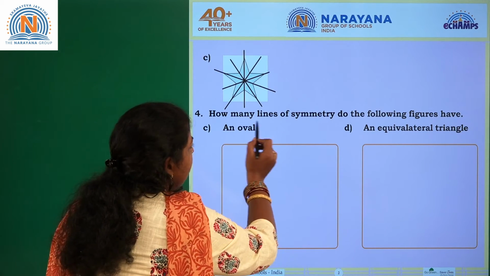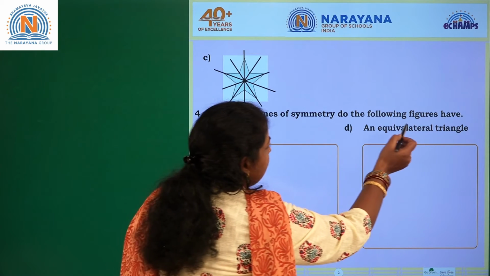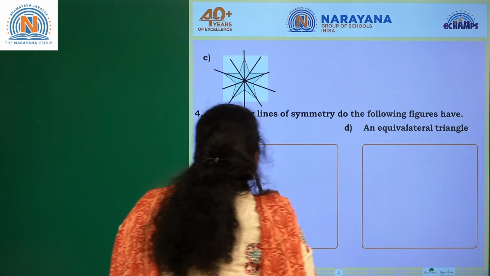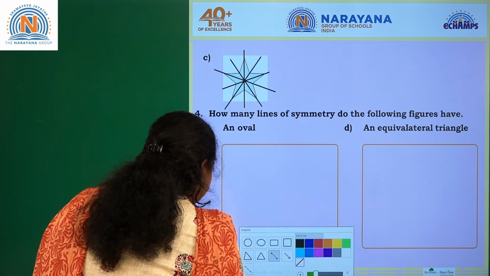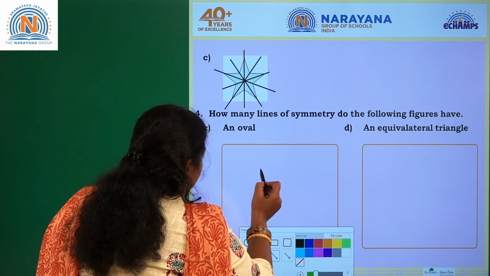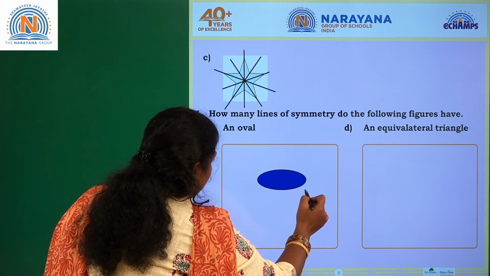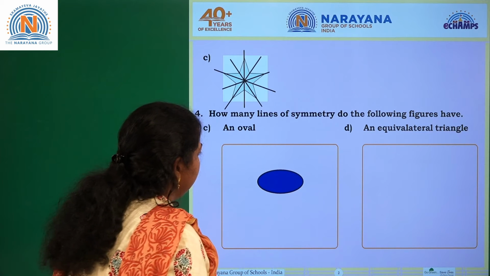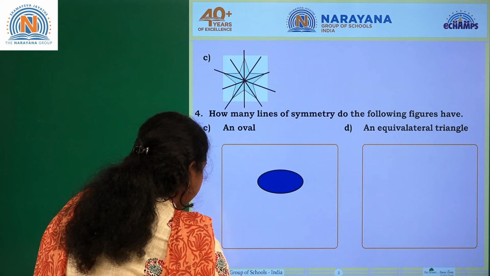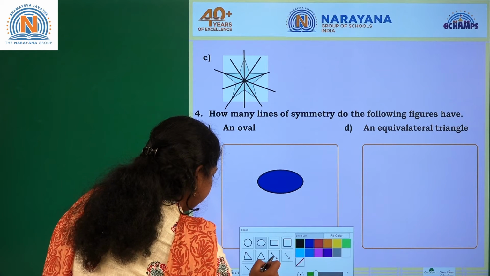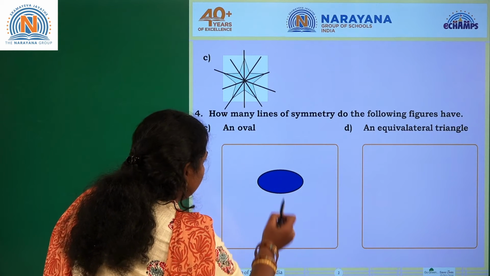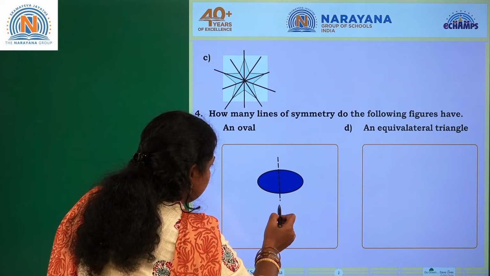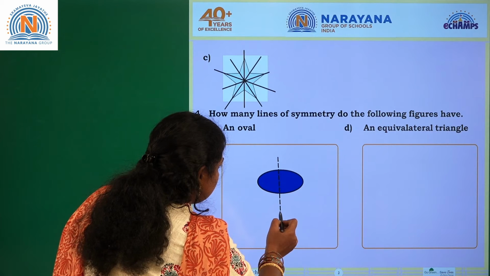Next one. How many lines of symmetry do the following figures have? An oval. Have you ever seen an oval shape, children? How many lines of symmetry will an oval have? Shall we consider the dotted line? Let us take one dotted line like this.